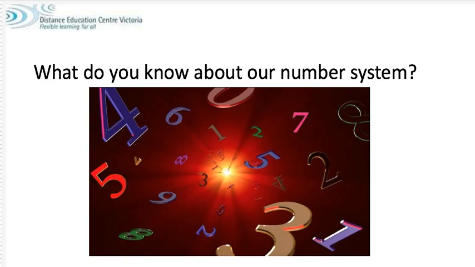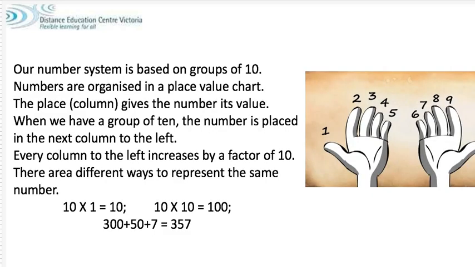Think for a moment. What do you know about our number system? Let's review what we have talked about today. These are our main ideas. Our number system is based on 10, and there's a group of 10.